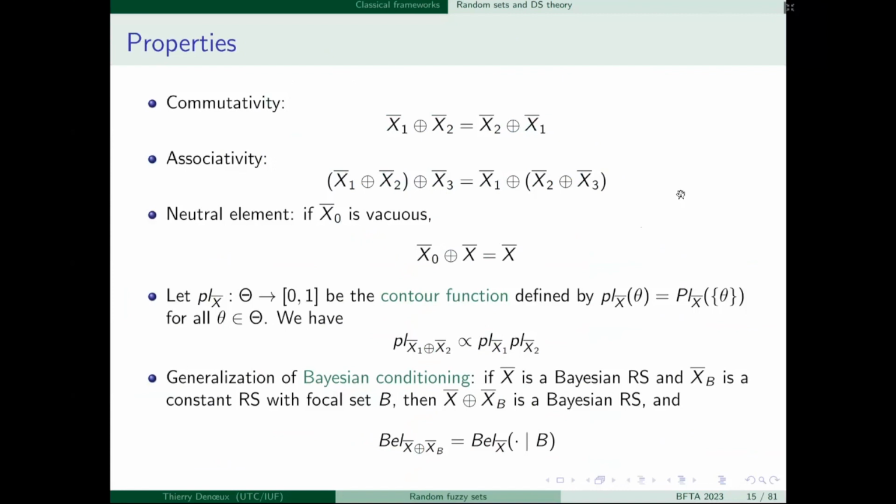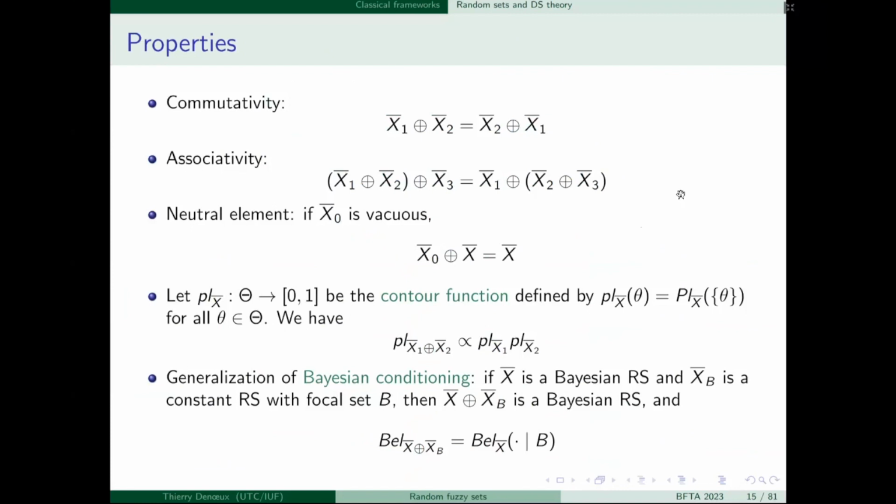We have seen that this is very useful, because many times we are happy to know only which element of theta is the most plausible. In that case, we can just compute those contour functions and multiply them, which is a very simple operation. And also we have this generalization of Bayesian conditioning.